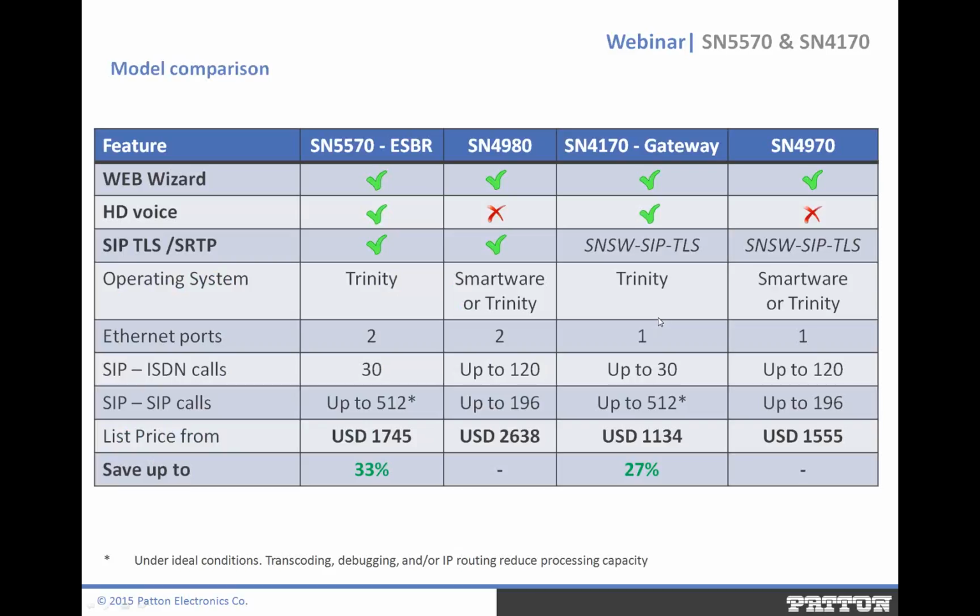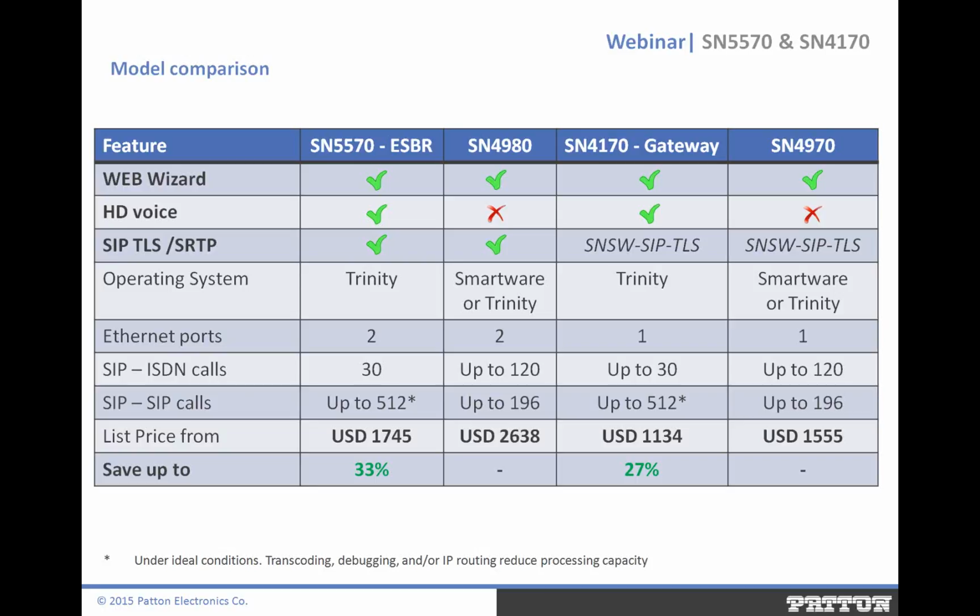So time is running. With this slide, I would like to give you an impression about where the new products are going to be positioned. So again, as you can see, new products just running Trinity. They're coming with HD voice, which is something we don't have on the 4980 or 4970 platform.